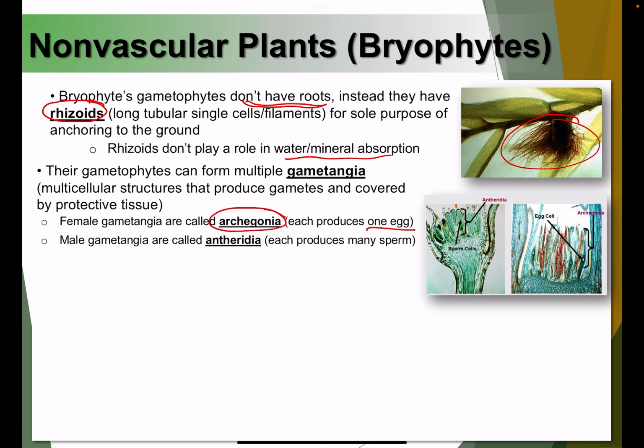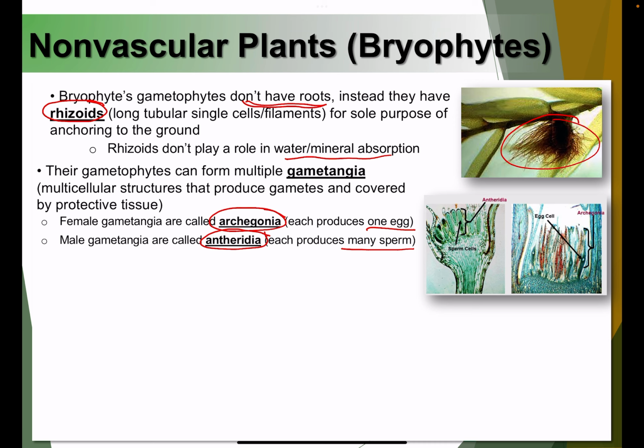And then male gametangia are called antheridia, which produce many sperm. This is kind of similar to humans, where females ovulate one egg each month, whereas males can have many sperm at the same time.